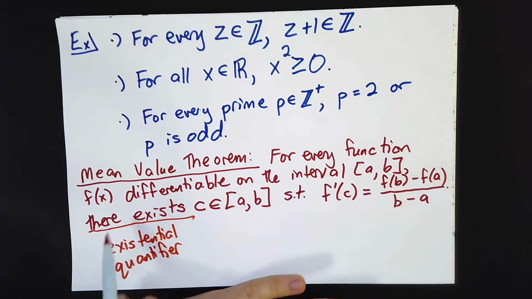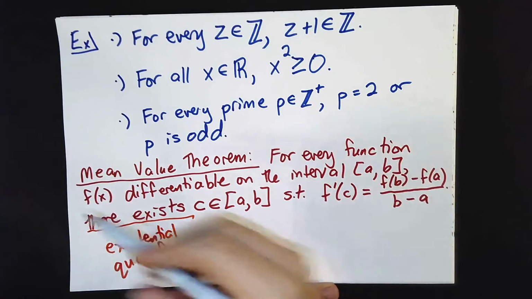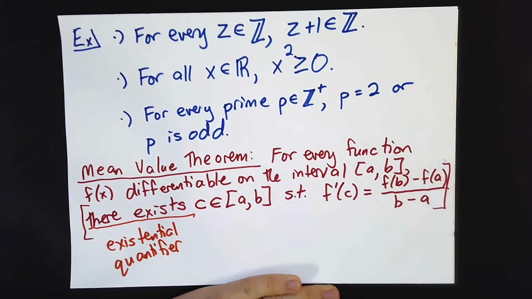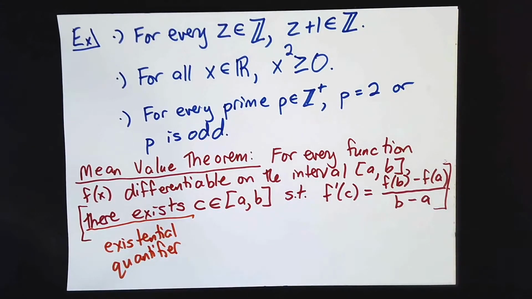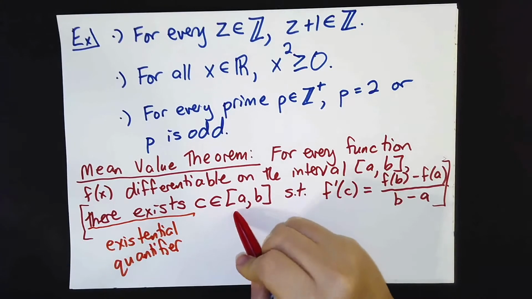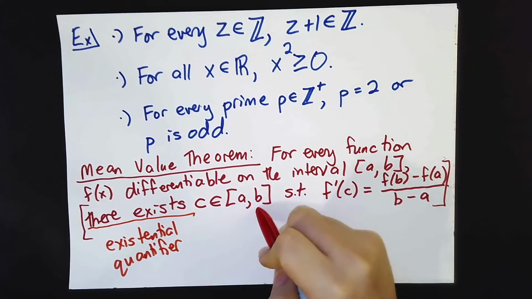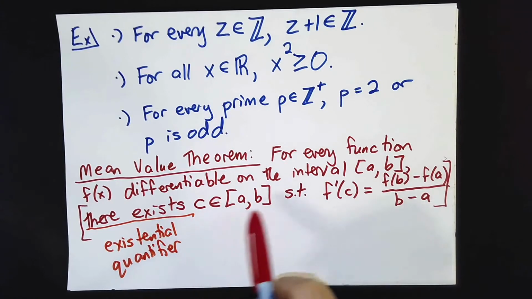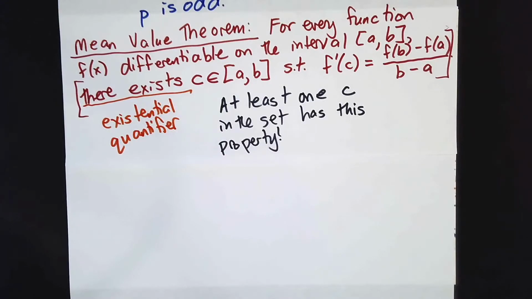So here, when we use this there exists in the second clause, we're not making a statement about every c in the interval AB. We're making a statement about at least one c in the interval AB, having some property.